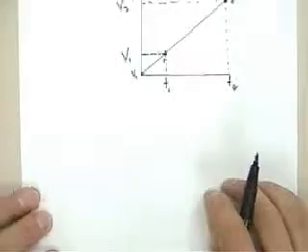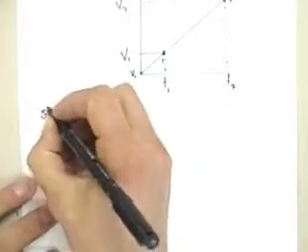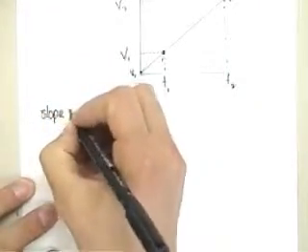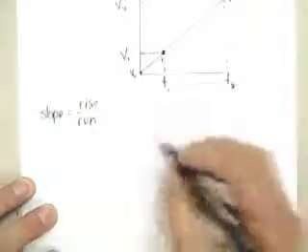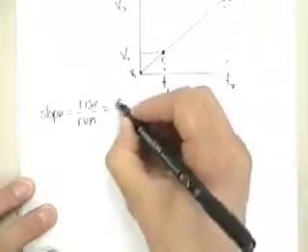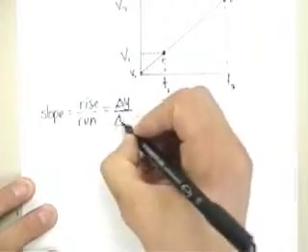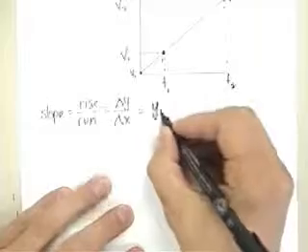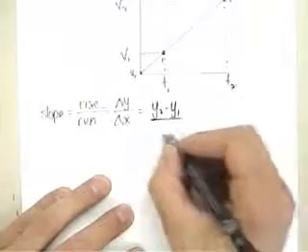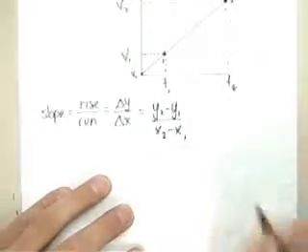Now what I want to do is I want to go back to my slope. Dig deep. Remember, slope is equal to rise over run. We remember that, which is going to be equal to change in y over change in x, which is going to end up being equal to y2 minus y1 over x2 minus x1.